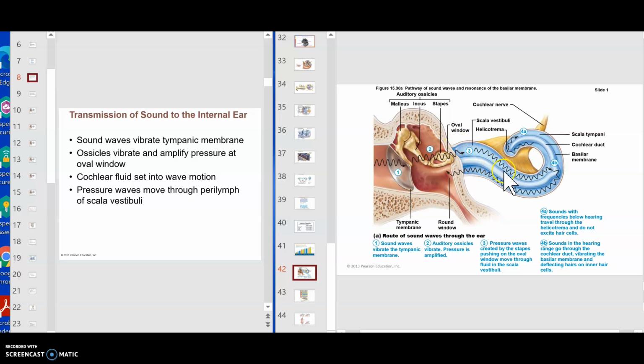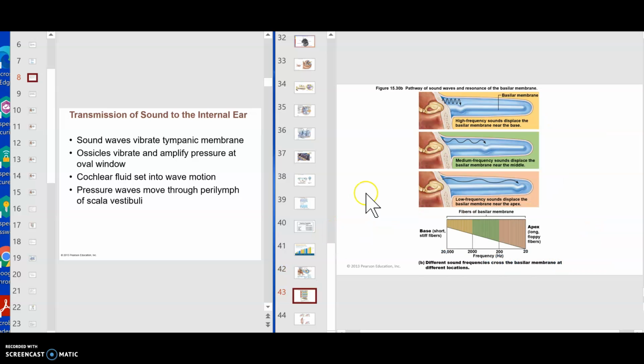All right. So we go further here. You can see in this drawing, the vibration of the perilymph was able to stop here. High frequency closer to the base, medium frequency in the middle, and very low frequency here.